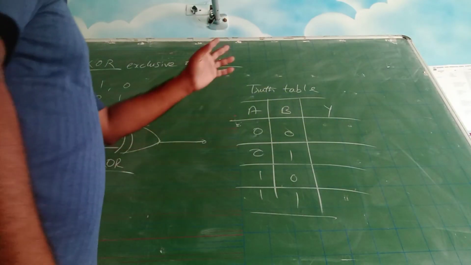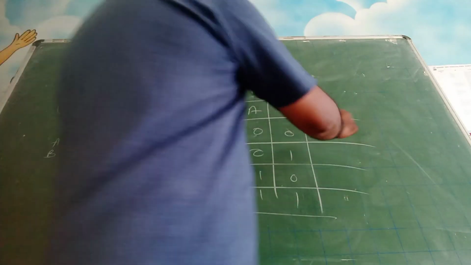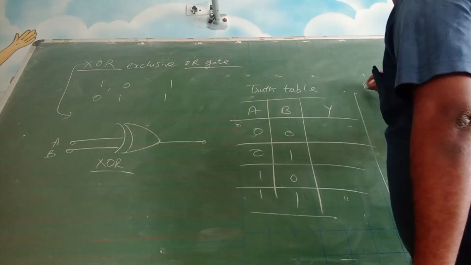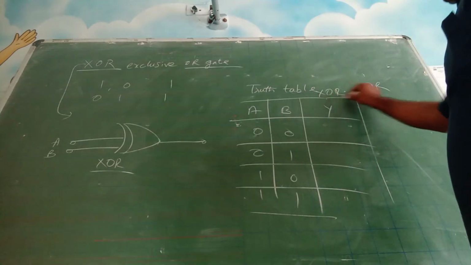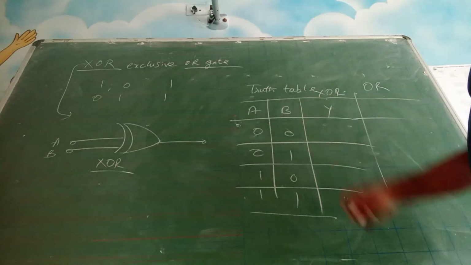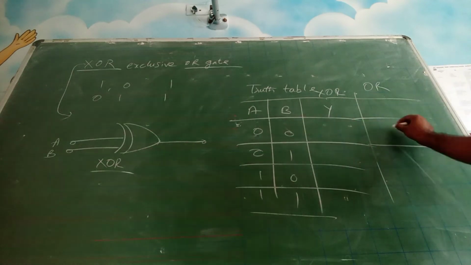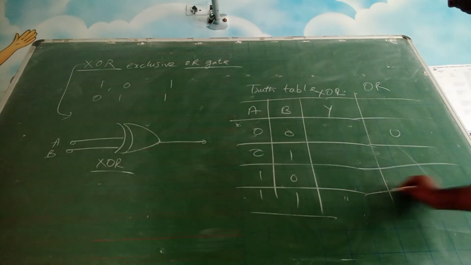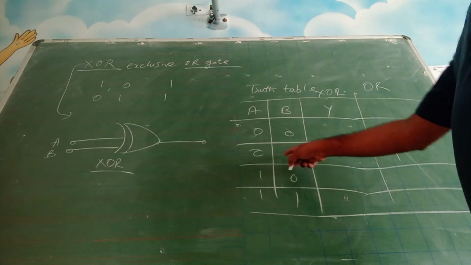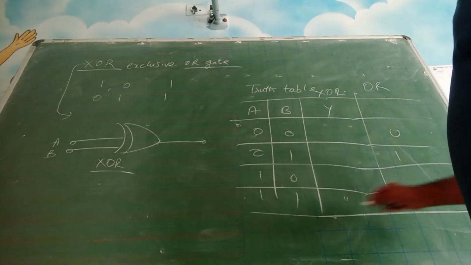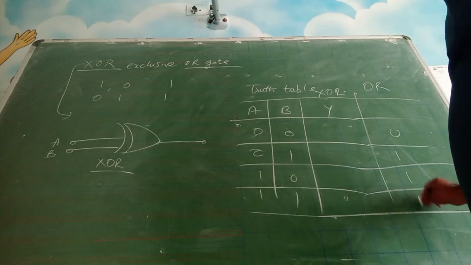I will write OR gate also here so that you understand the difference. This is my OR gate and this is my XOR gate. Okay. See, if this was an OR gate, this will return 0 only, and this will return 1 because one of them is high, this will also return 1 and this will return 1.